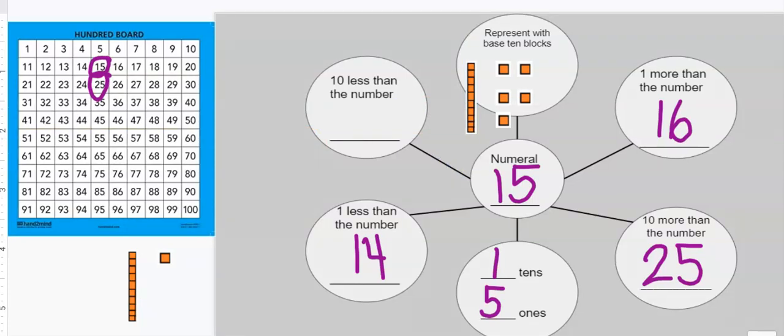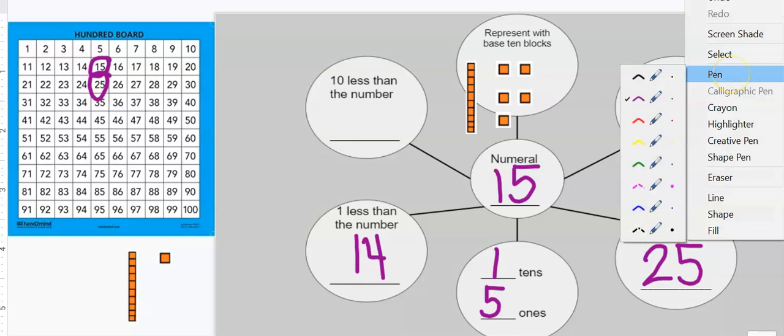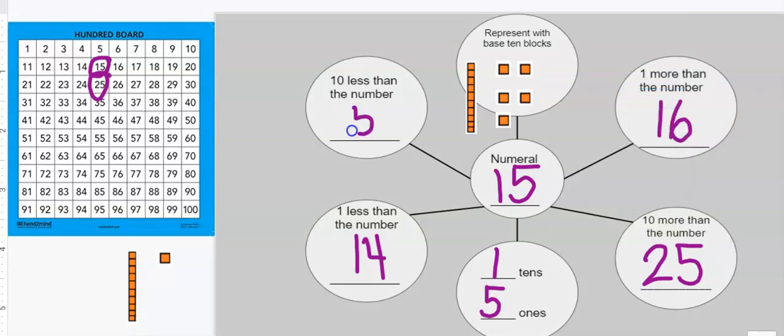Let me get my pen back. And if we look here on our 100 board, we know that if we're at 15 and we go 10 less, then that is 5. So always great to notice our patterns on the 100 board.